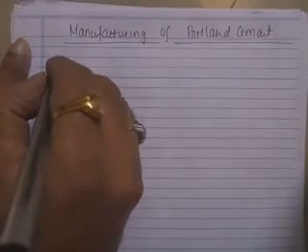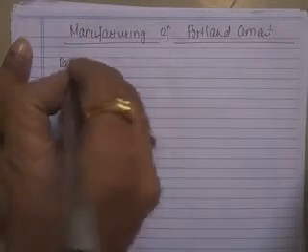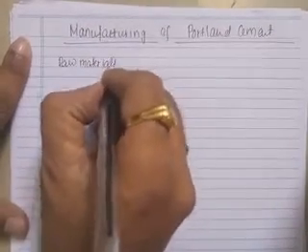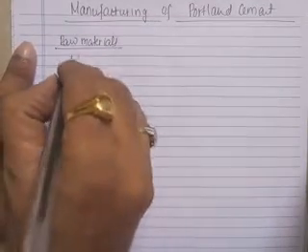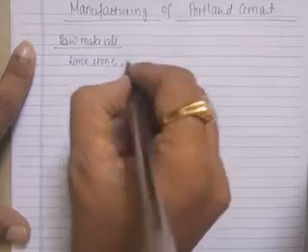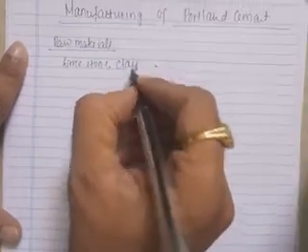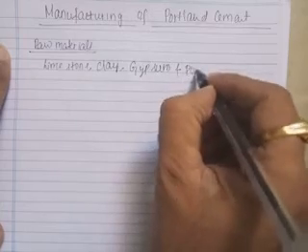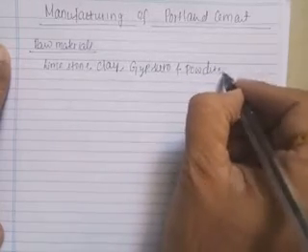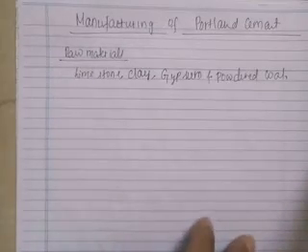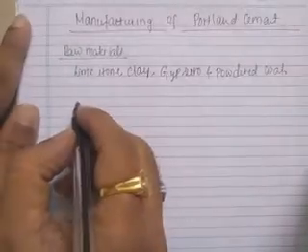First, let us see the raw materials which are required for the manufacturing of cement: limestone, clay, gypsum and powdered coal. So these are the raw materials required for the manufacturing of Portland cement.